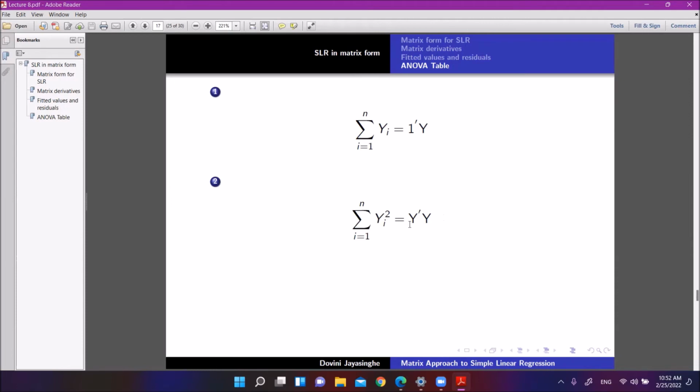This is y times y now, but this is n by 1, and this is again n by 1. You can't multiply it in that form. So you have to transpose the left one and make it a 1 by n, and this is n by 1. So you're getting a constant. You have to get the same value by doing this.